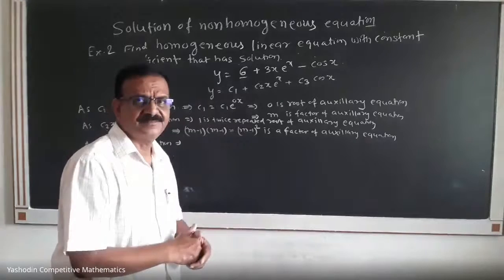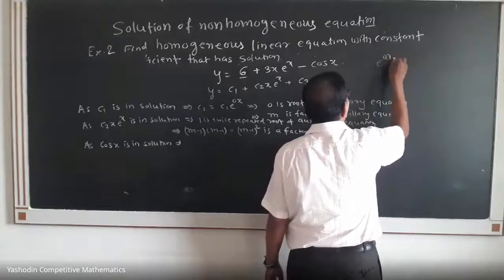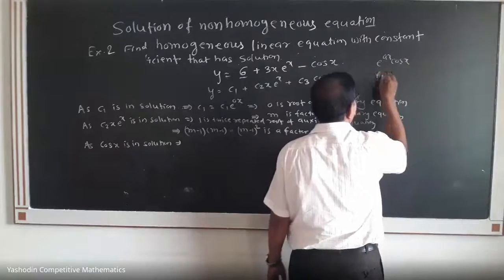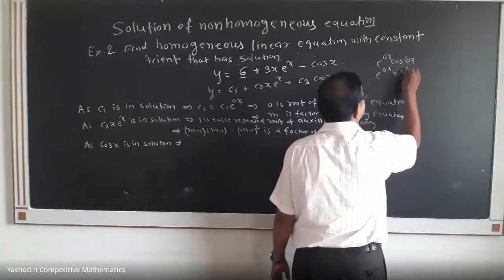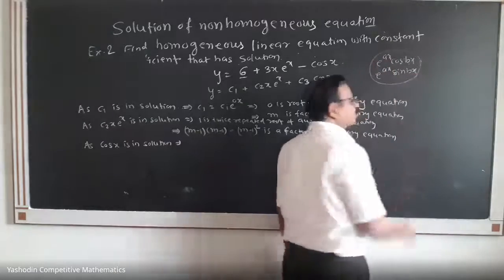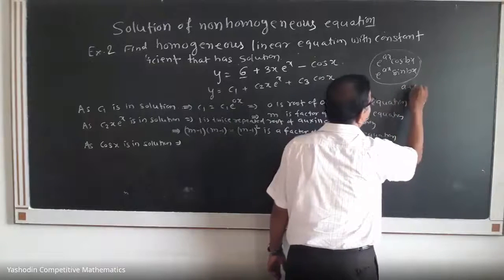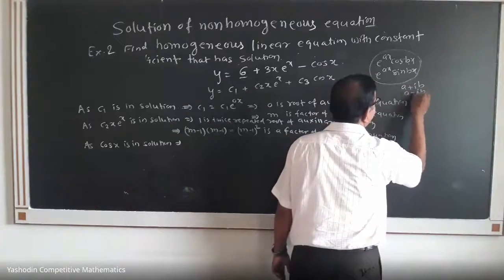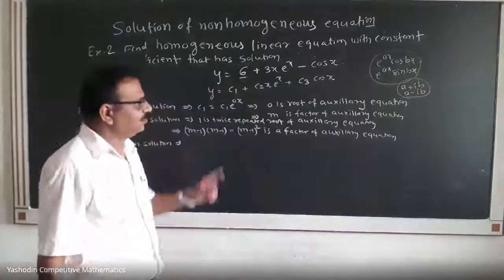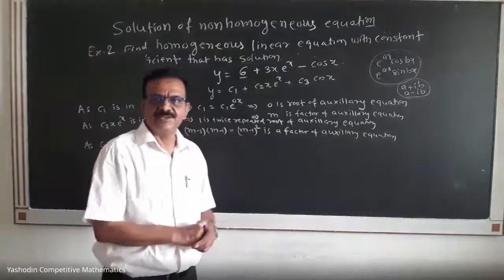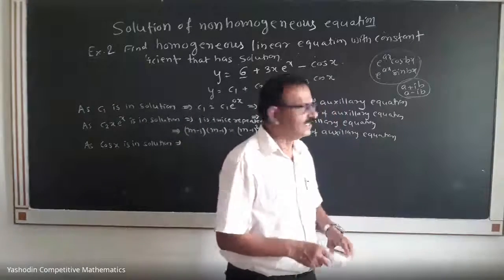When cos x occurs, we know that e raised to ax into cos bx, e raised to ax into sin bx, these terms occur in the solution if a plus ib or a minus ib is a root of the auxiliary equation. And we know that these roots are always in conjugate pairs. That means if a plus ib is a root, then a minus ib is definitely a root of that auxiliary equation.